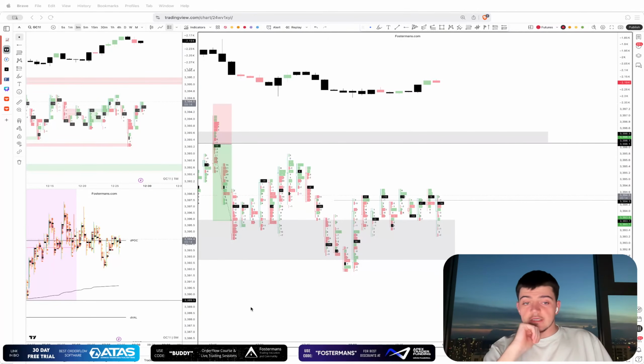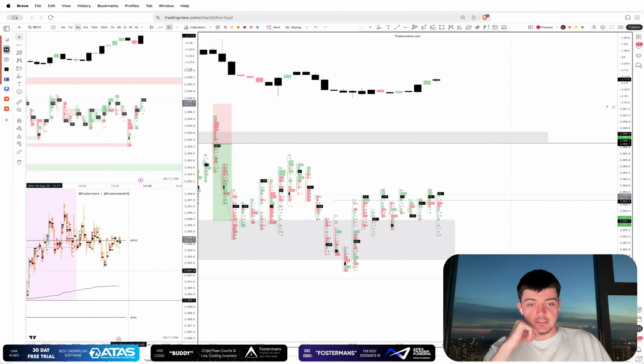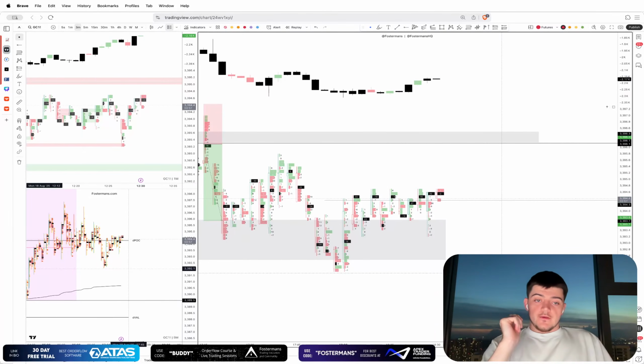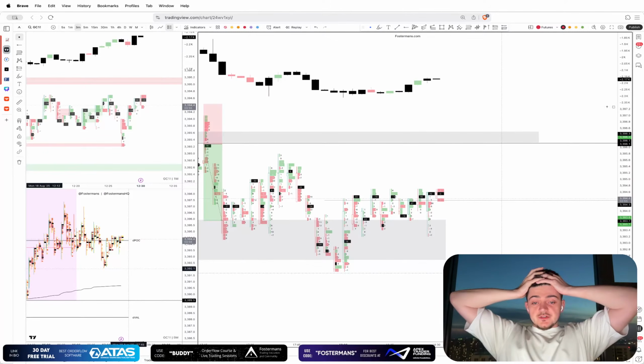Let's see what we can get here. Literally another 10 seconds left until we get to that. There it is, that 30-minute candle just opened. But it looks like we've been trading inside this range for a while now.